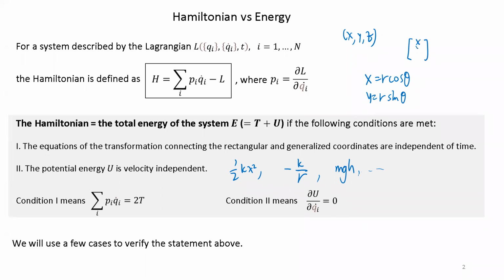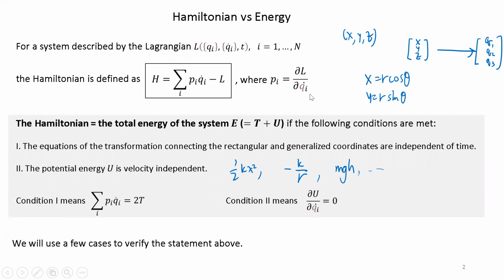In general, I have x, y, z, and do some transformation to become q1, q2, q3. If this transformation is independent of time, then we are fine.